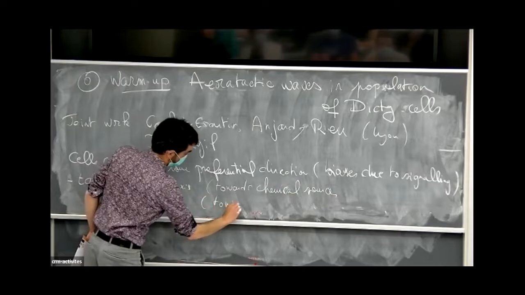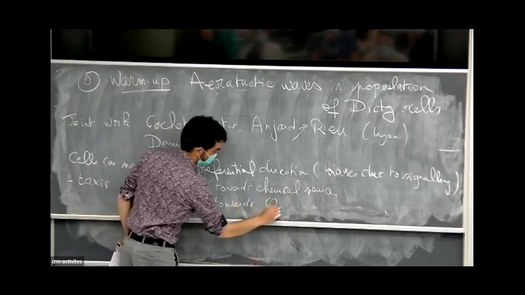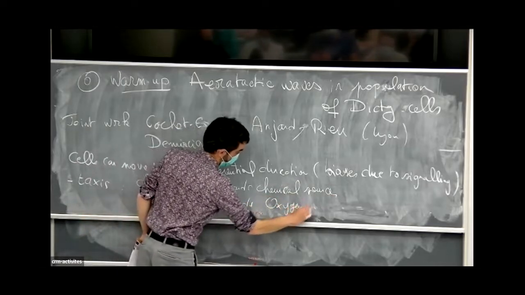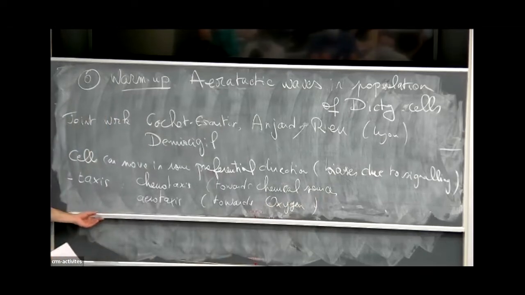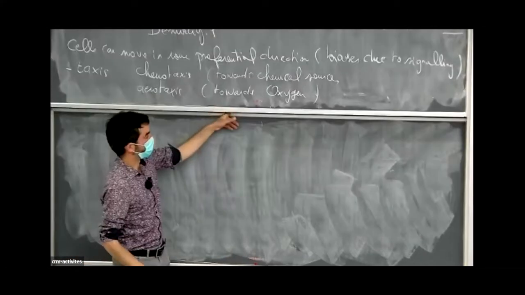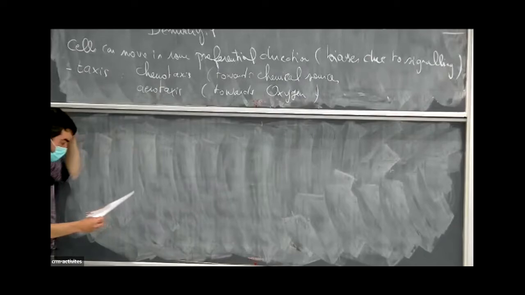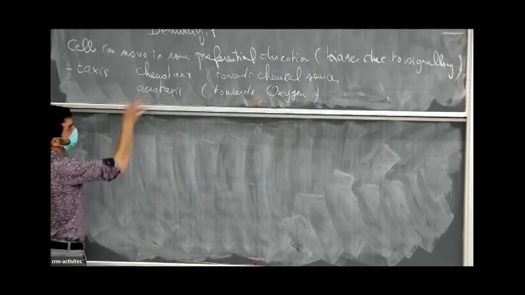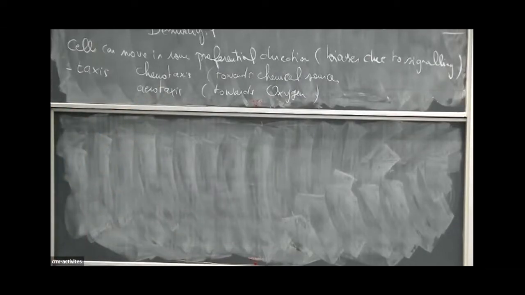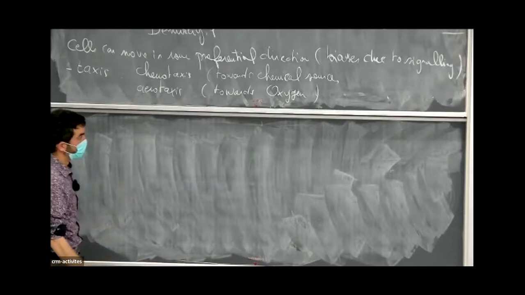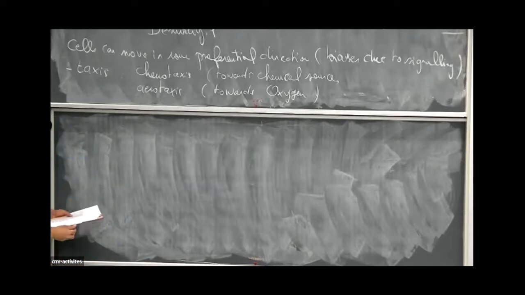In this case, the signal, the molecule, is oxygen, a common resource in life. And this biased motion is actually at the core of many developmental processes. So it's very well studied in biology, in modeling, in math.